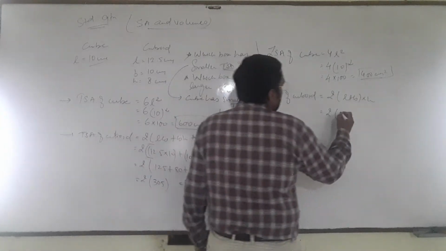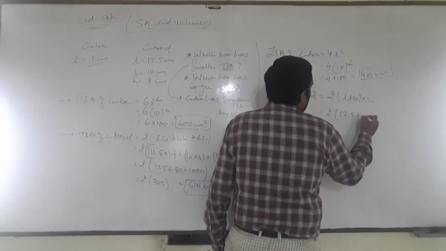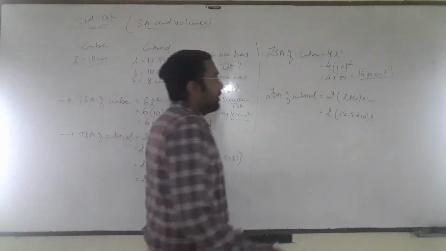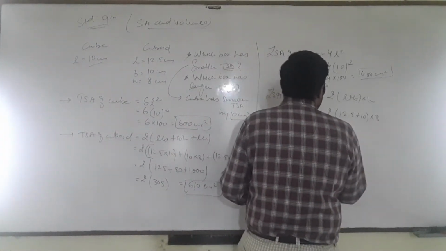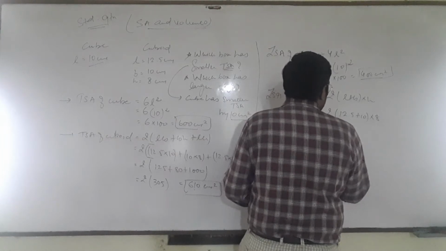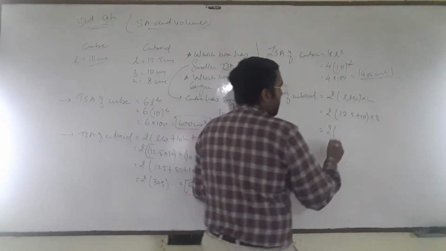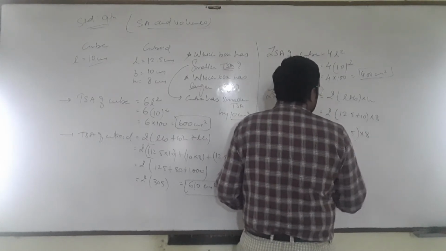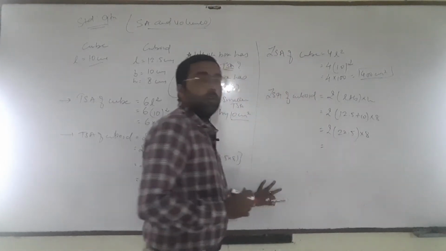So therefore 2 multiplied by 12.5 plus 10, into height of the cuboid, that is 8. So 2 into 22.5 into 8.